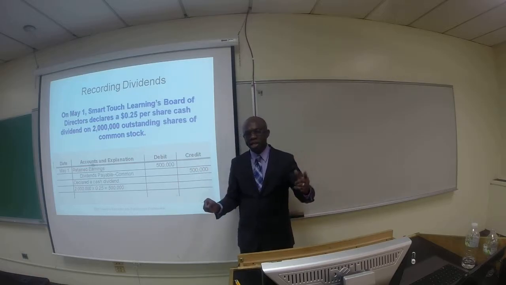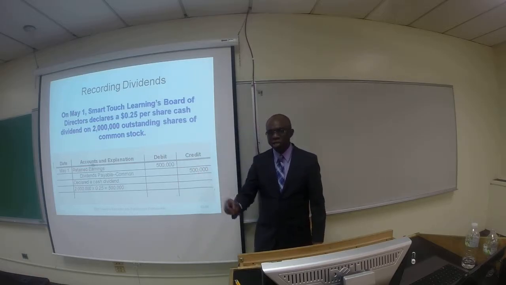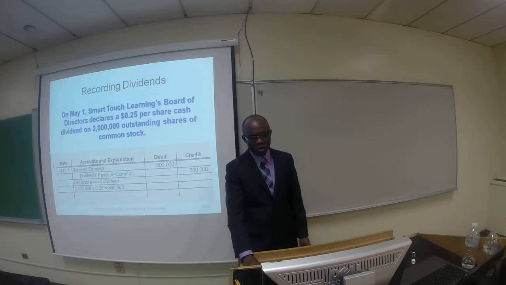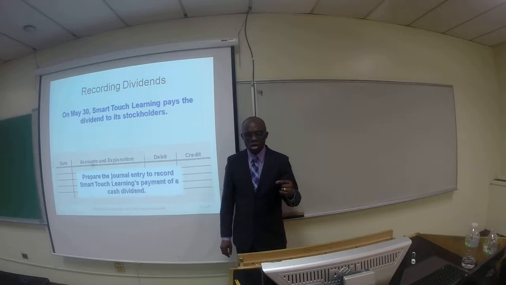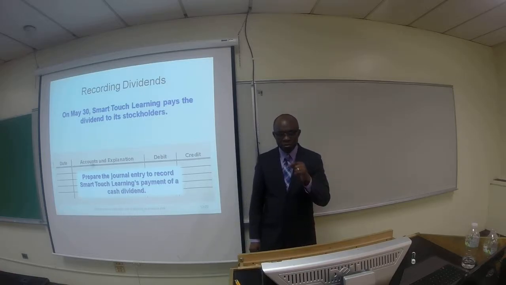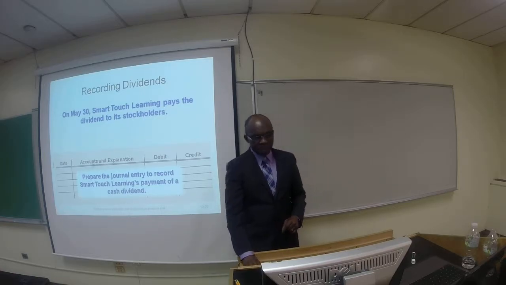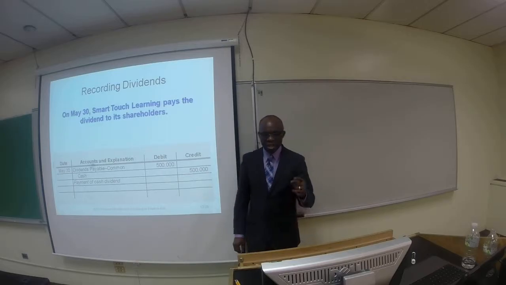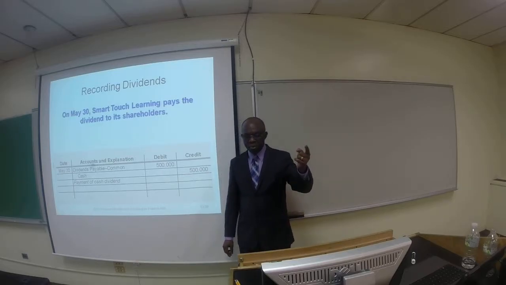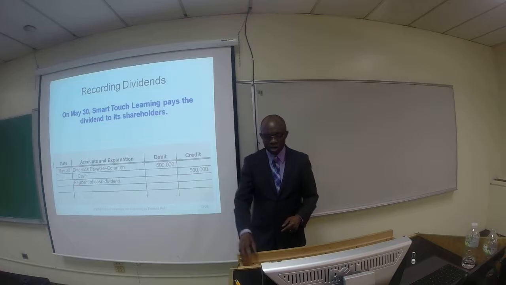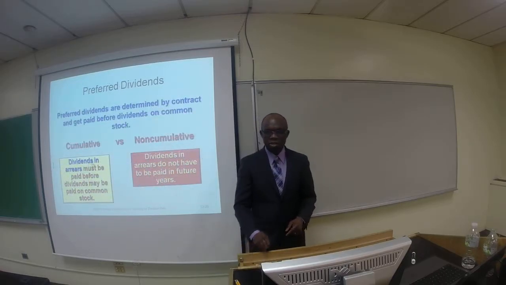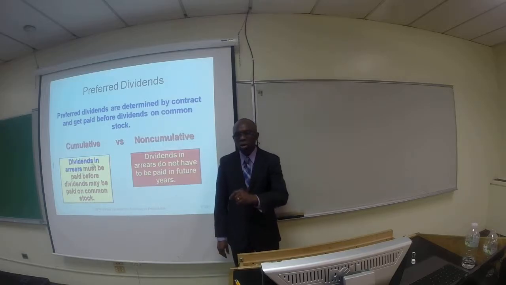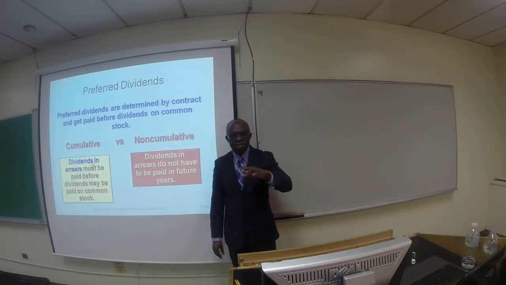So we debit retained earnings for $500,000 and credit dividends payable, common, for $500,000. When the dividend payment is made, we debit dividends payable for $500,000 and credit cash for $500,000.